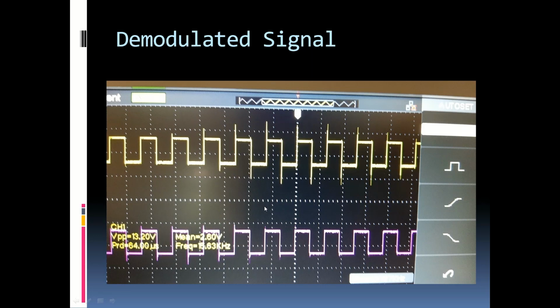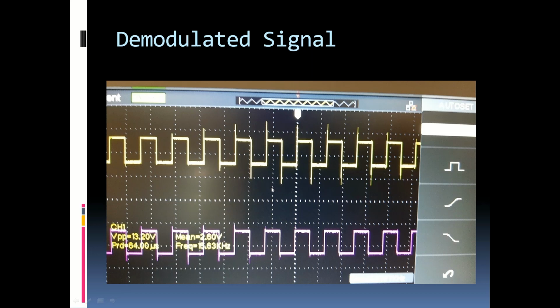Demodulation is simple. It's an envelope detection. Just for comparison purposes, I have triggered channel 2 with the demodulated data, and channel 1 with the original data from the data generator, and you can see there is a one-to-one correspondence.